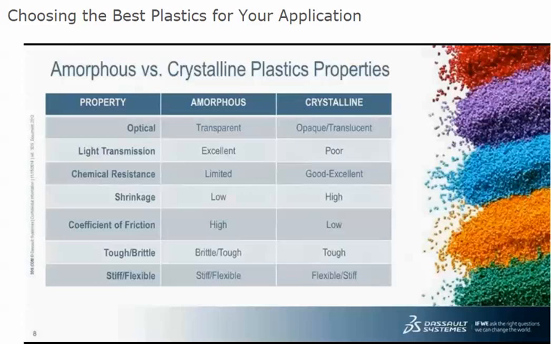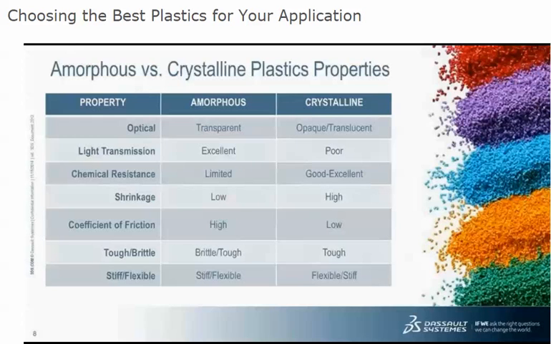And depending on the amorphous material that we're talking about, you can get optical properties which approach that of glass, for example. Whereas crystalline materials, usually the best optical properties they will ever achieve is opaque or translucent, again at best.